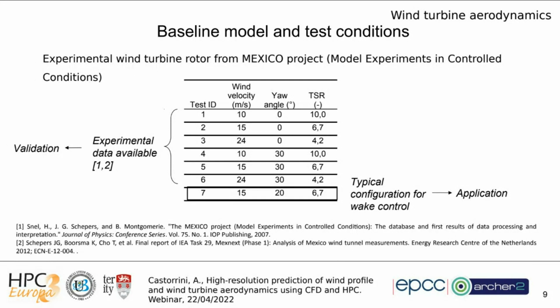We can also check the case that is more interesting to us, which is with misaligned wind, and measurements are available for 30 degrees, for which we make a comparison with the experiment. But we also had a final case with a more tailored analysis of the wake in a typical configuration for wake control with 20 degrees of misalignment.